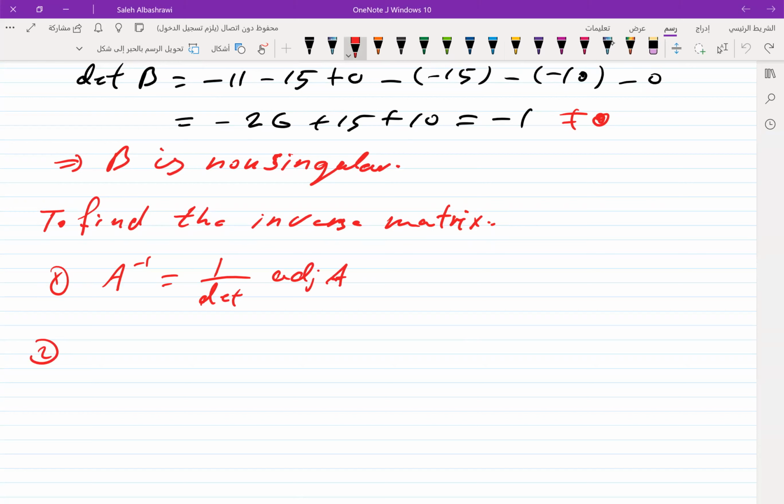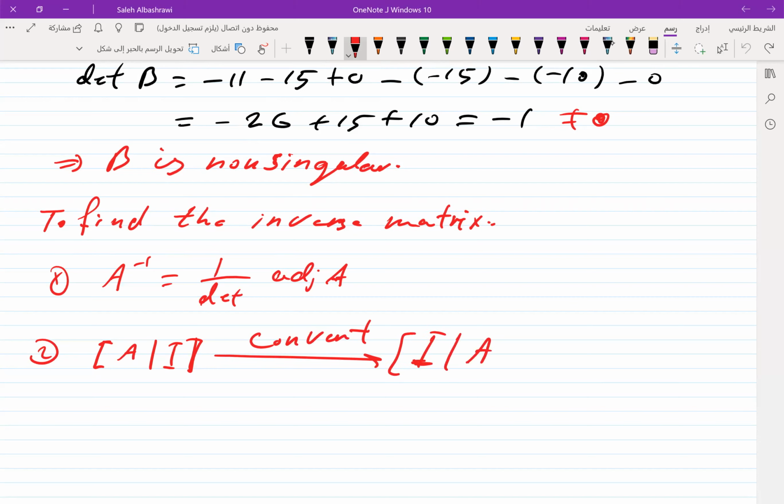to find the inverse for a given matrix, write the matrix using the augmented matrix. It is A bar I, and convert it to the matrix I bar A using the row operation.